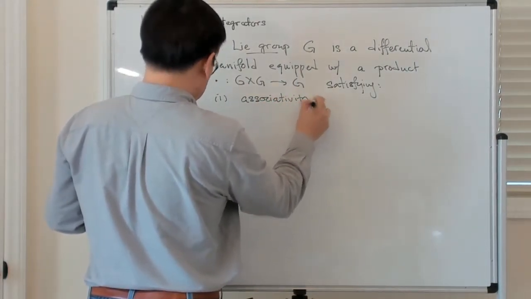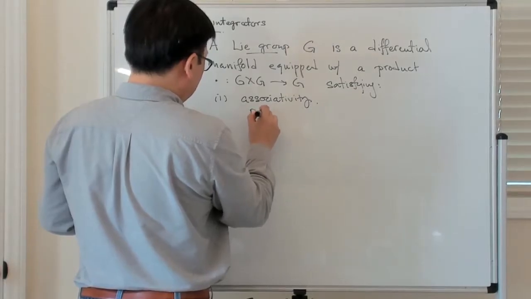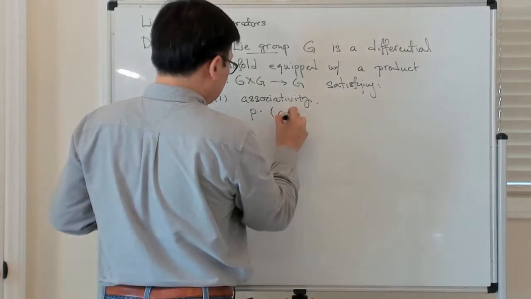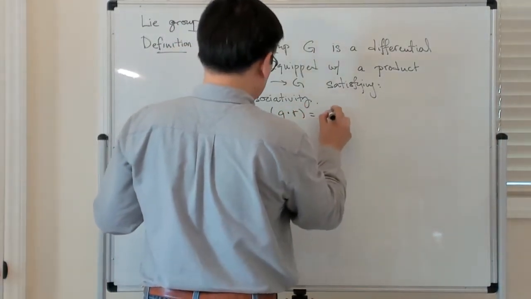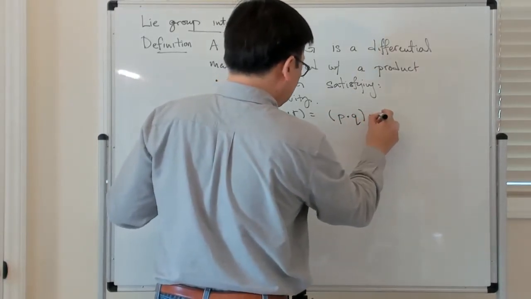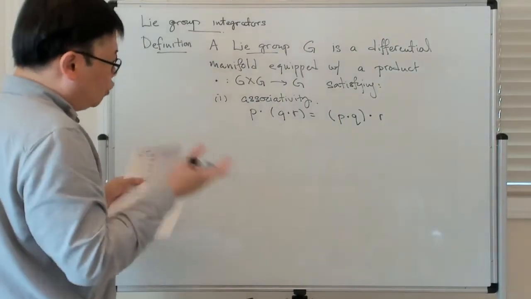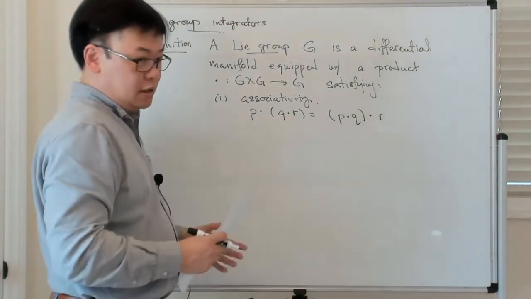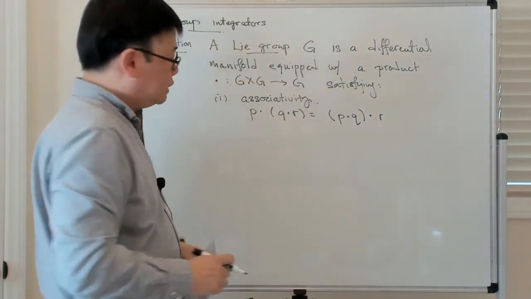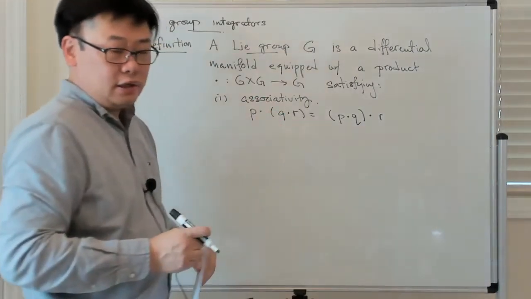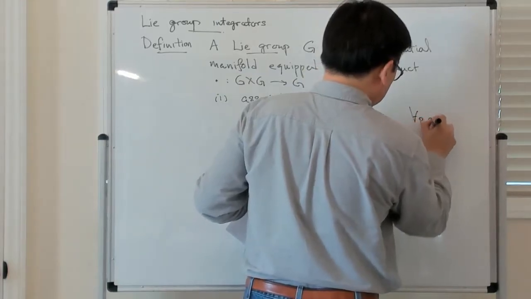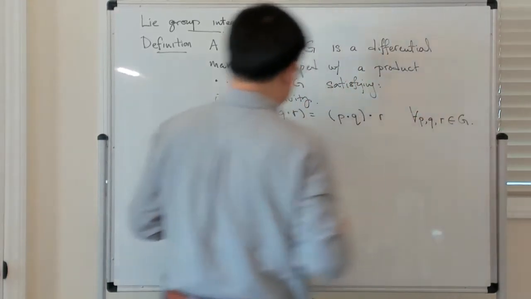So associativity basically says that if you take P and you product it with the product of Q and R, this is equal to the product of P and Q, which is then producted with R. More or less what that means is that when you have a triple product like this, it doesn't matter which of the products you take first. And this has to be true for all P, Q, and R in the group.